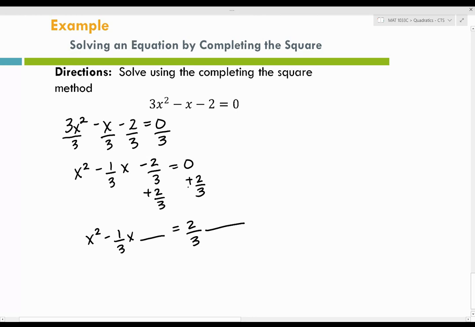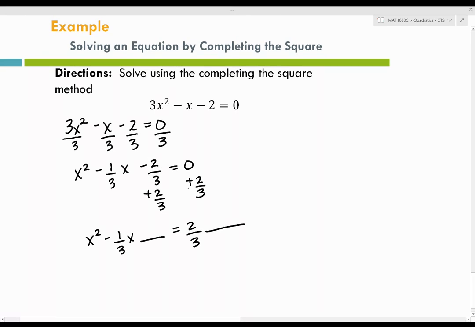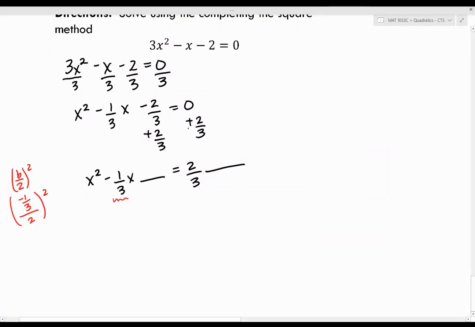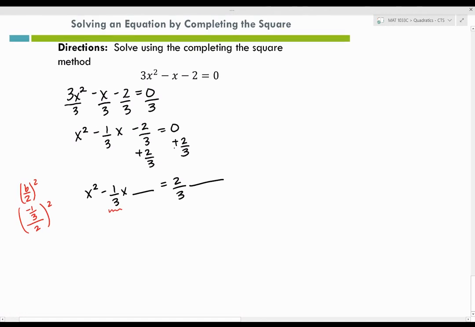All right, remember, to get the quantity that goes in the blank, you're going to say b divided by 2 squared. Okay, so our b in this case is negative 1/3 divided by 2 squared. Now because it's a fraction, negative 1/3 divided by 2, instead of dividing that by 2, I can multiply by the reciprocal, which would be 1/2.